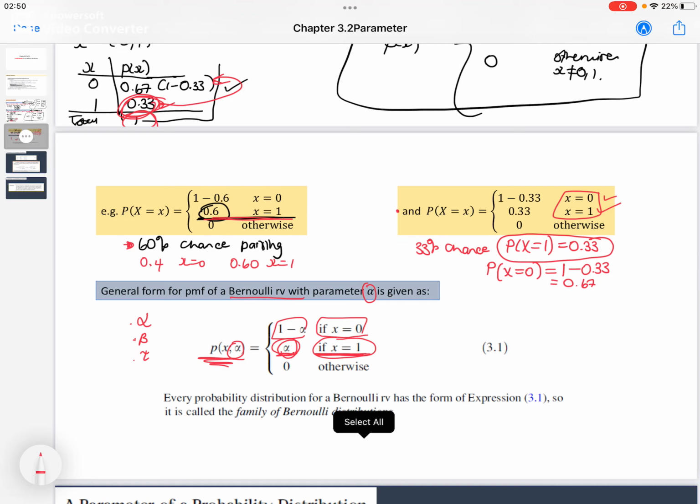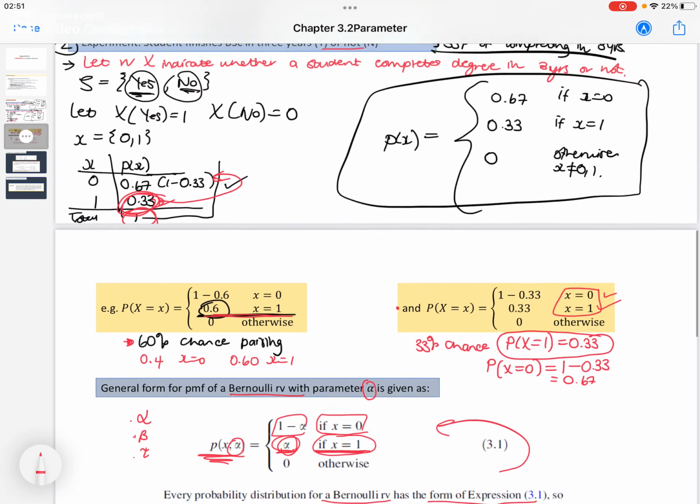It says there that every probability distribution for a Bernoulli random variable has the form of expression 3.1. And so each probability distribution will be a member of a family of Bernoulli distributions.